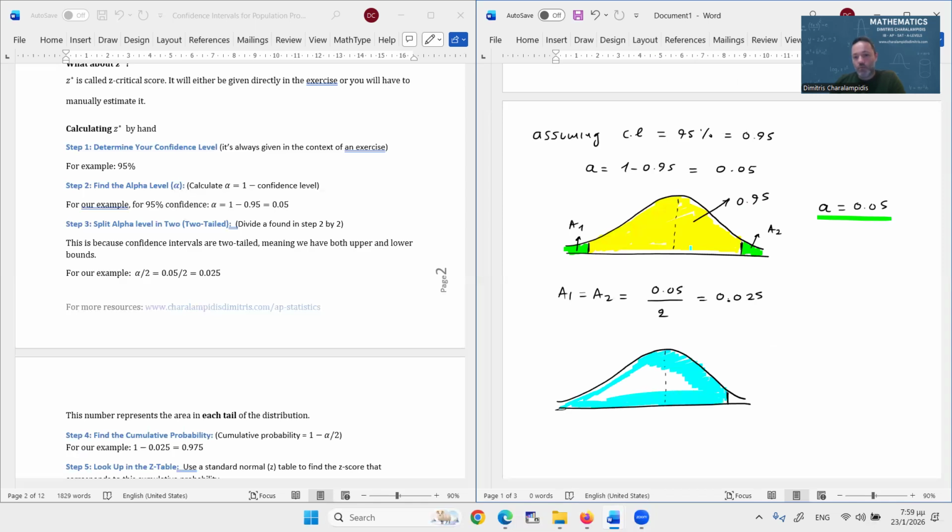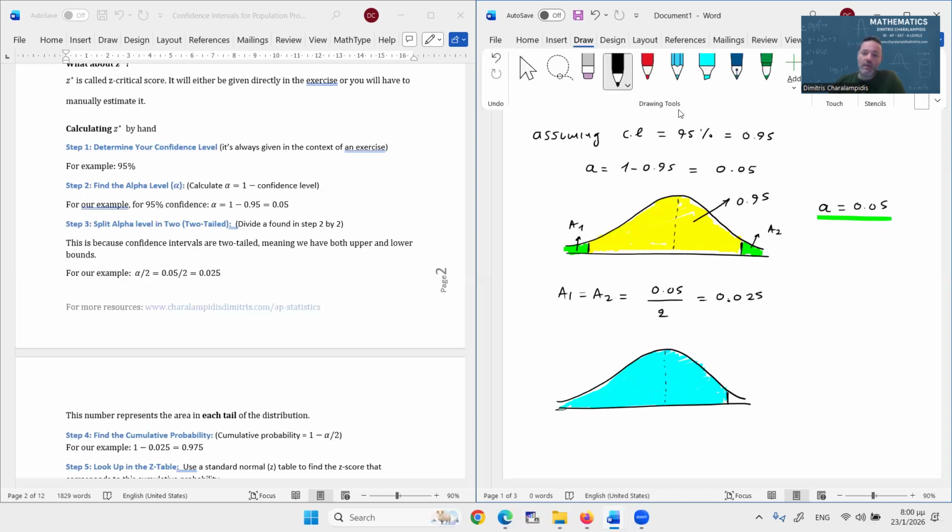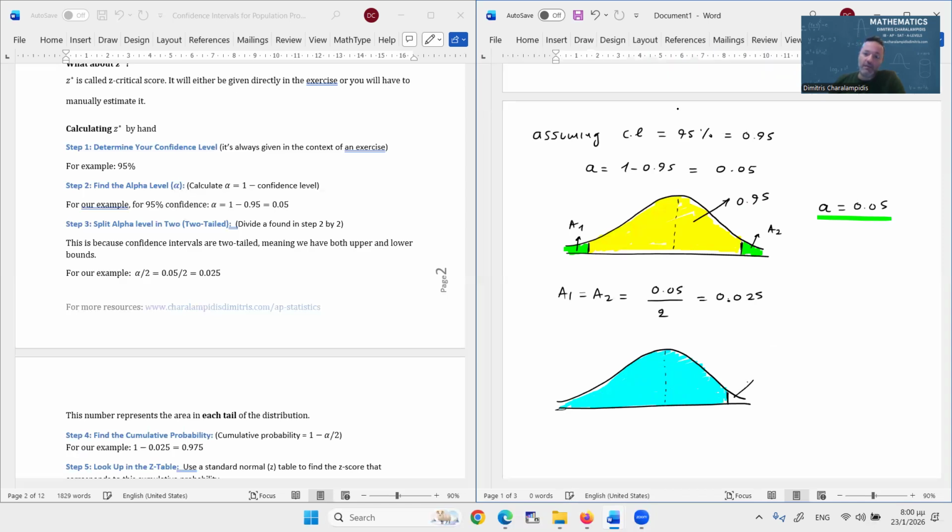This would have been equal to, either I can refer to it as 1 minus 0.025, or I could simply address it as 0.95 plus 0.025. In the first expression, I subtracted all the right part, I subtracted A2.